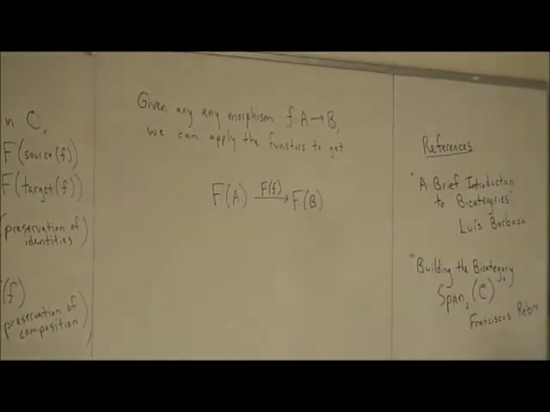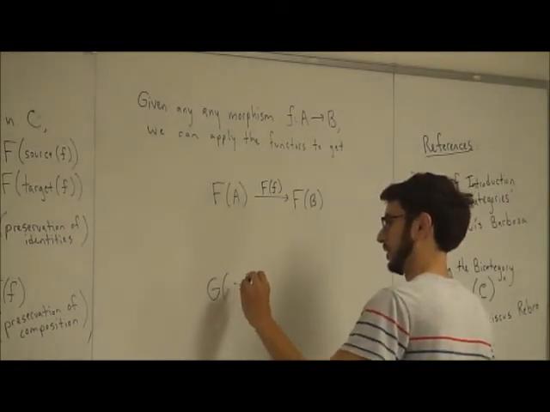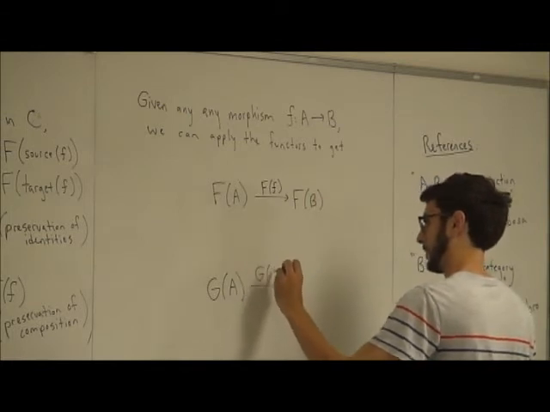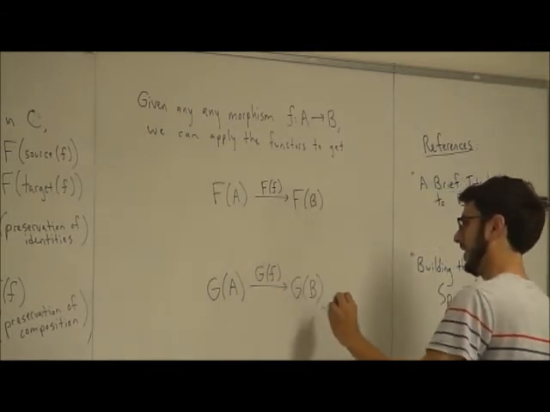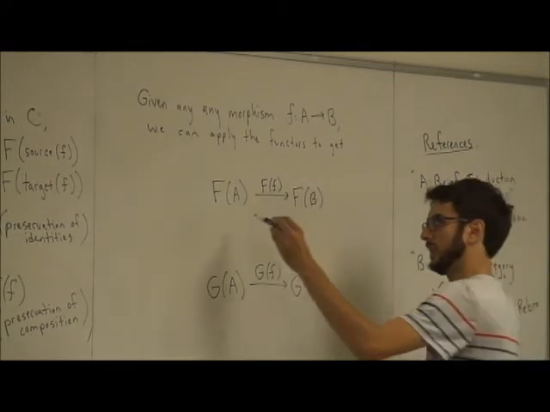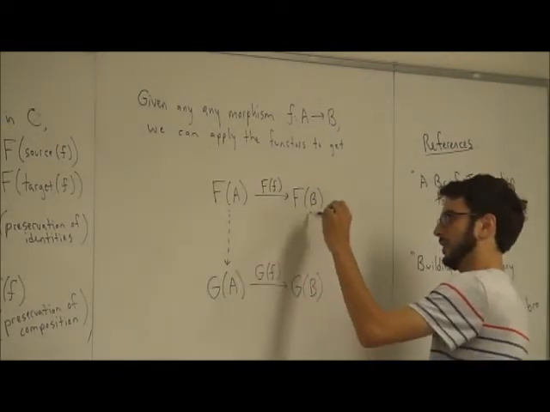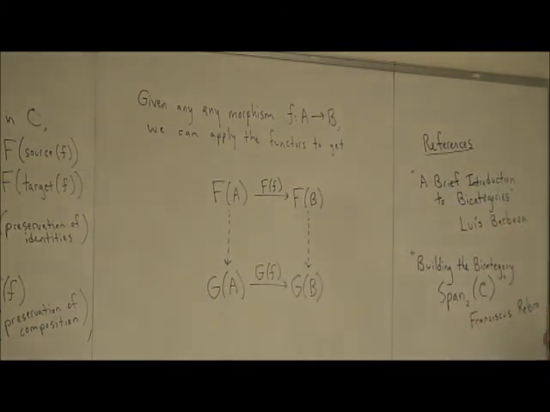So we get this. And we can hit the other functor and get another arrow. So what we want to have now is a way of filling this in so that it commutes.